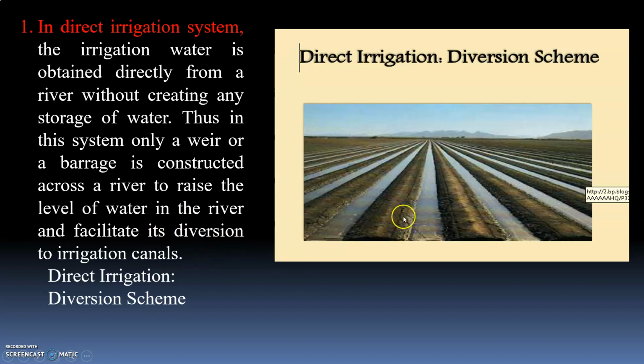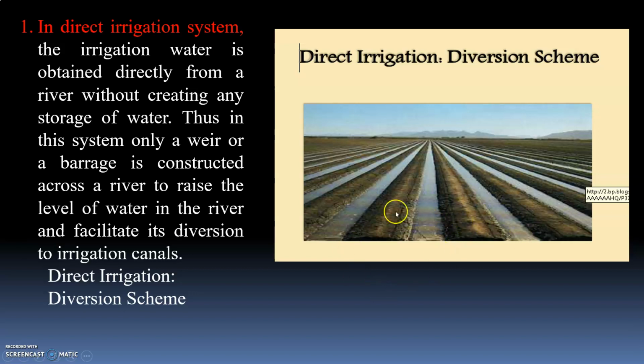You can see here, these are the weirs or barrages created across the river. Here in this system, water is directly diverted to the canal without attempting to store the water. For such a system, a low diversion weir or diversion barrage is constructed across the river.